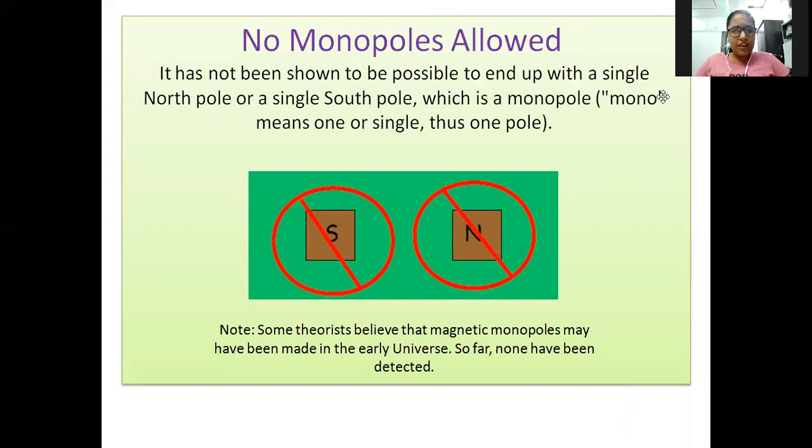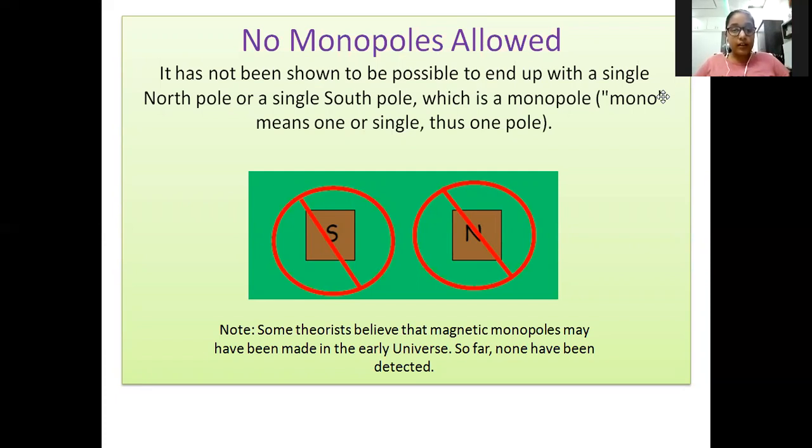Now, a very important thing, no monopoles allowed. Before understanding this, we will see what monopoles are. Mono means single. That means no single-pole magnet is allowed.